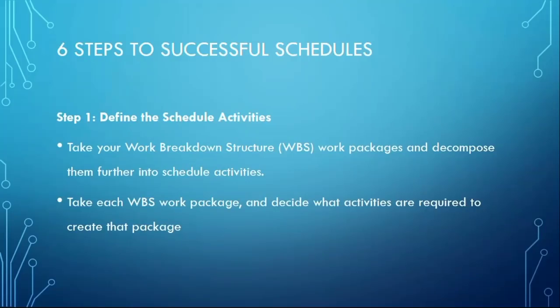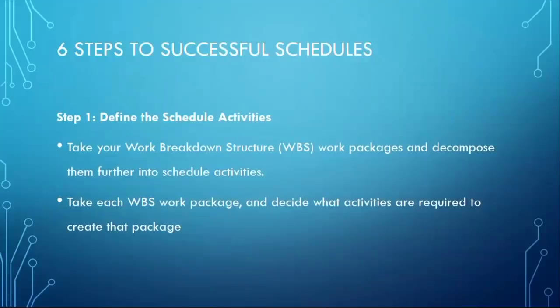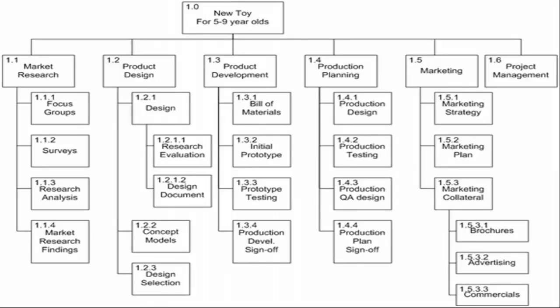Then take each work package and decide what activities are required to create that package. So what work activities are required to create the market research? We say survey, research analysis, market research findings, focus groups. These are the work activities required to achieve this work package, which is the market research. So that's what you do for all the work packages that you have here.